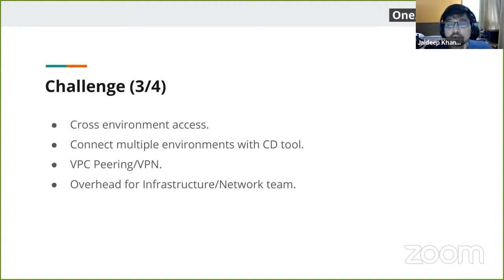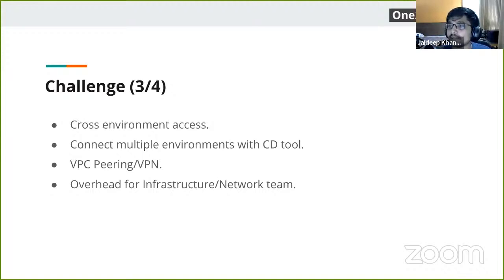Challenge number 3: cross-environment access. This is very familiar wherever I have worked in the past at the infrastructure level. Cross-environment access becomes a pain and a problem. You have to connect your multiple environments with your single, let's say, central Jenkins server, and it has to connect to the multiple environments every time, because the different environments are running on different regions or different clouds.